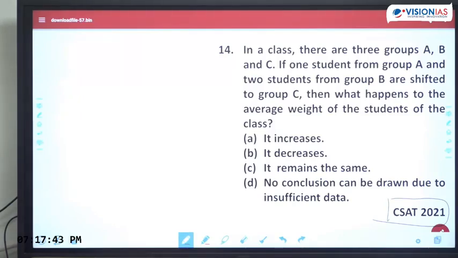The answer is C. Any doubt? डिस्कस करना है मुझे या हो गया ये? Yes, the answer is C, because there is no change in the sum. There is no change in the sum of observations.